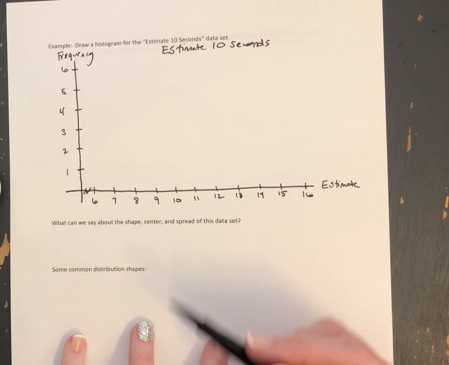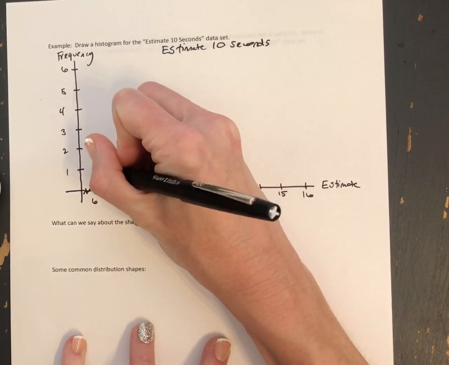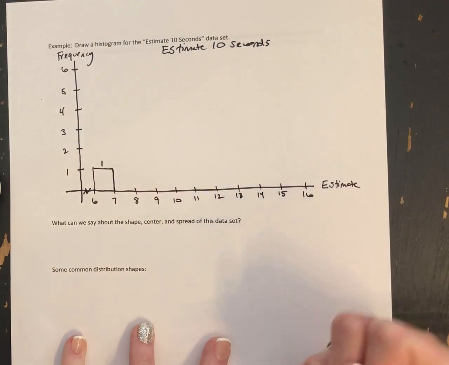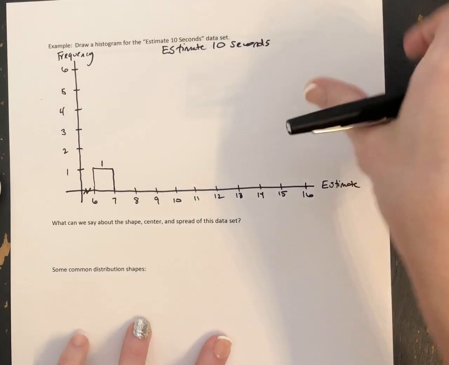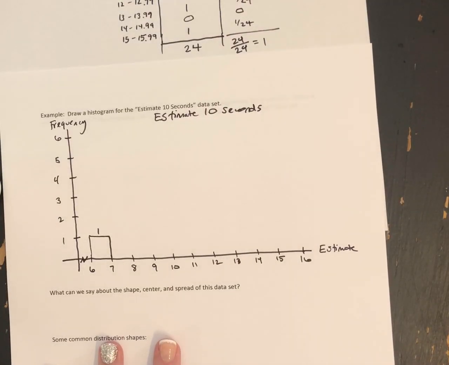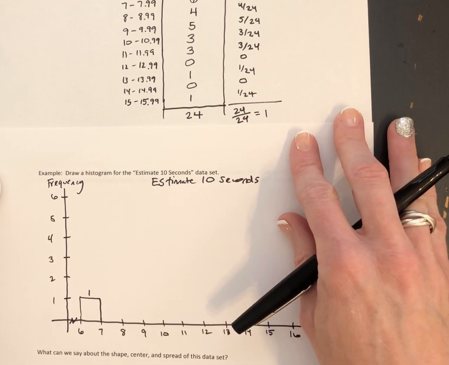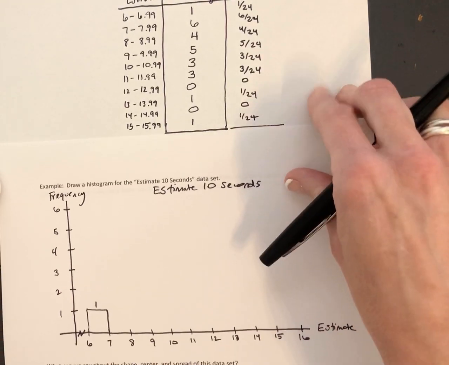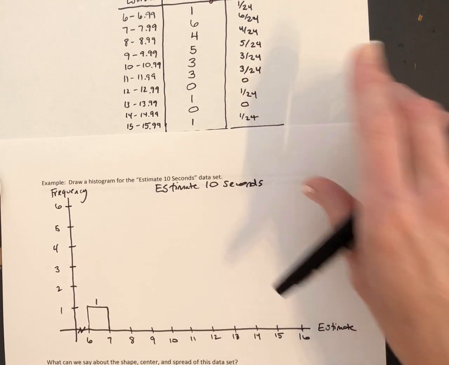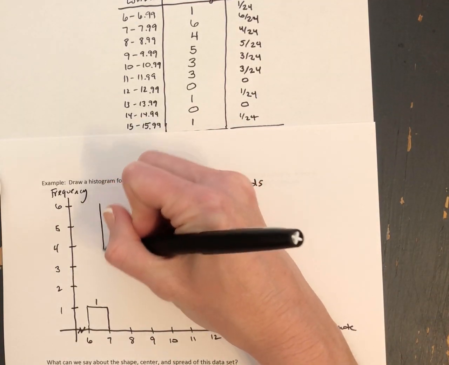Okay, so our first group from 6 to 6.99, we had a frequency of 1. So we're just going right off the frequency table. All right, so our next group from 7 to 7.99, we had a frequency of 6.